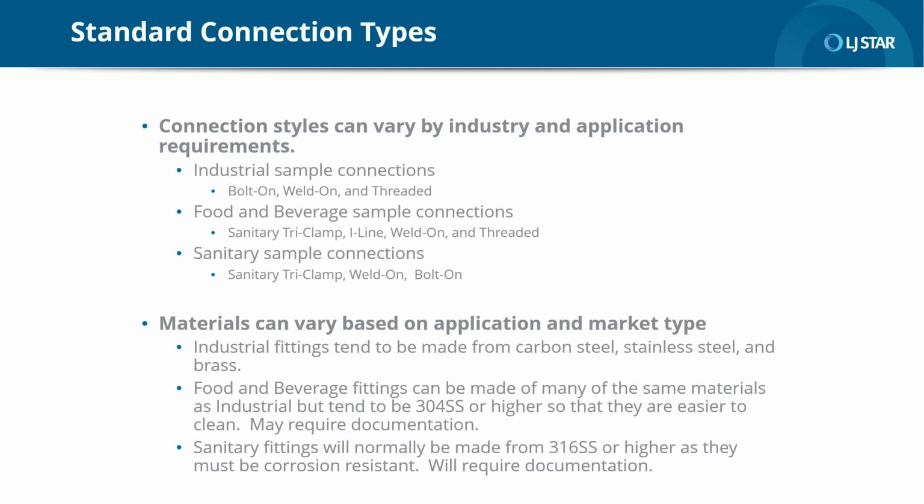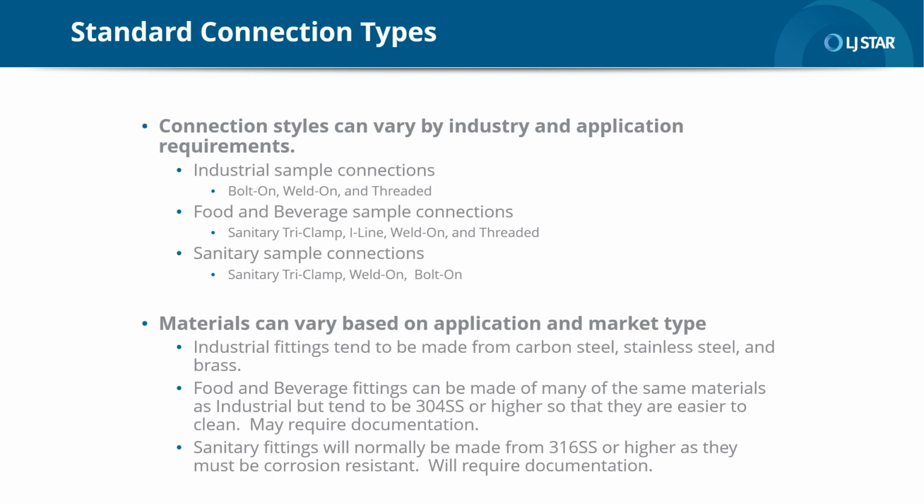You'll see a lot of weld-in, not as many bolt-ons because they don't like a lot of threads in sanitary connections, so you'll see a lot more of the weld-ins or the sanitary tri-clamp fittings, and even some other sanitary fittings that I'm not listing here. So there are quite a few different connection types. But if you're coming to LJ Star and you're looking for what's the standard, you'll see a lot of these connections.